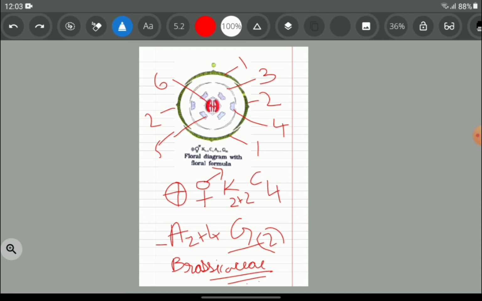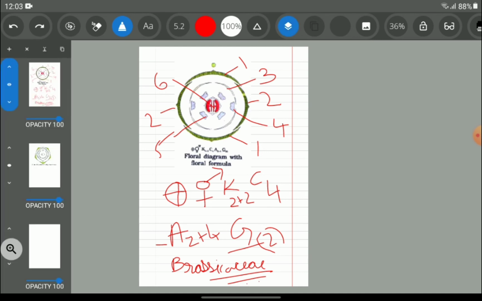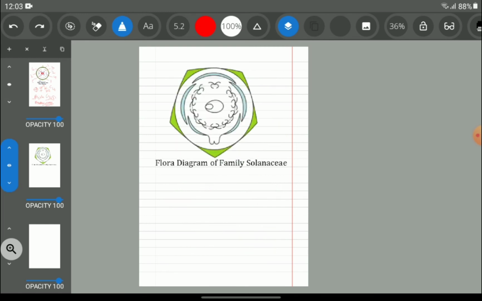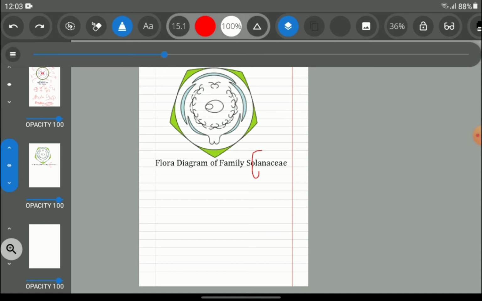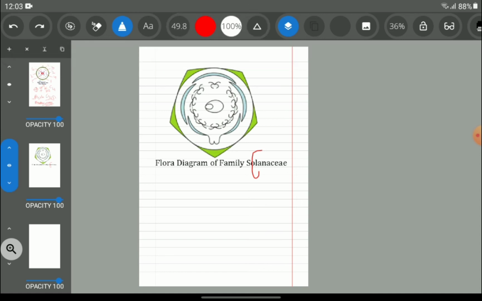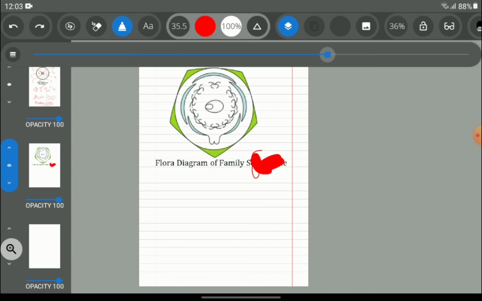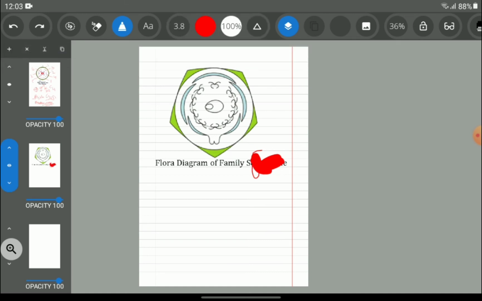Okay, so now coming to the first family which is given in our NCERT book. It is about the family Fabaceae. Sorry for the mistake over here, it is not Solanaceae, it is Fabaceae.